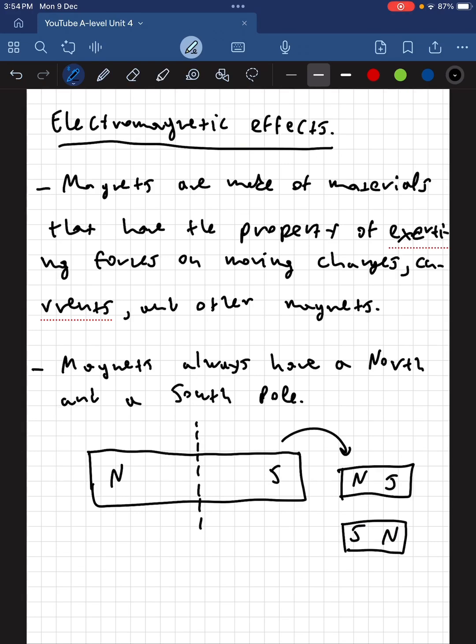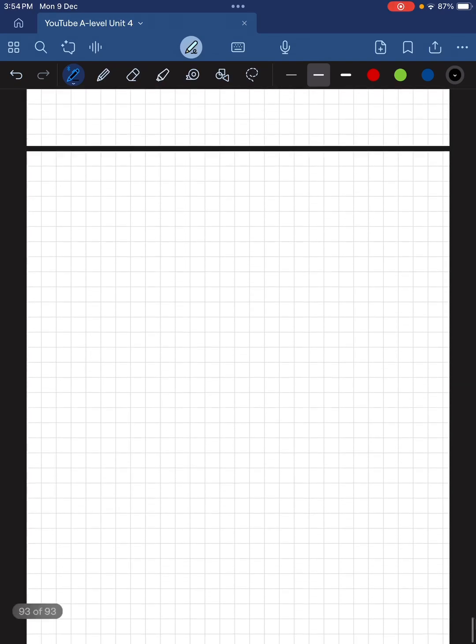So if we keep cutting it, we will keep getting new magnets with north and south poles. We'll never get an individual north or an individual south pole. In fact, the existence of magnetic monopoles is a mystery in physics that is not totally resolved for the past 100 or so years, but this is something out of scope for these lessons.